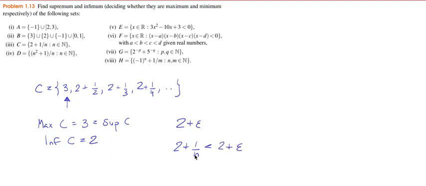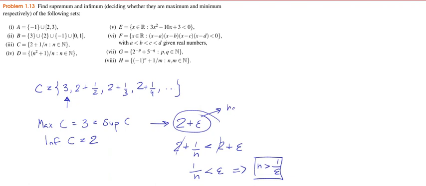The way to choose this is to choose n so that n is greater than 1 over epsilon, then you will have a number that's smaller than this and still belongs to C. So 2 plus epsilon is not a lower bound, and this is true for every epsilon you choose, so that's why we know that the infimum of this is 2.